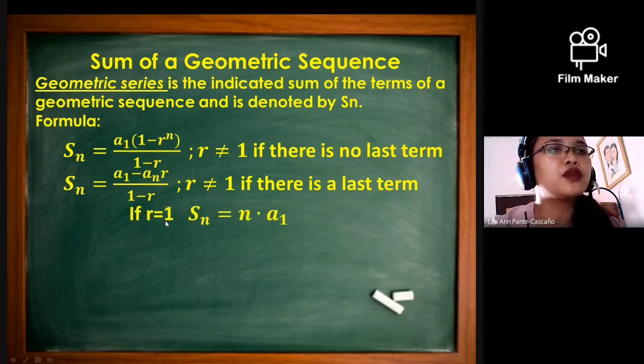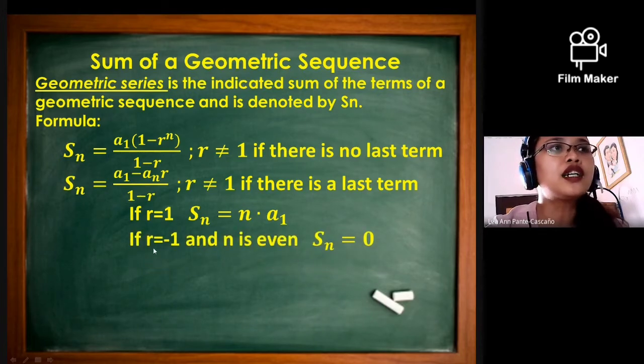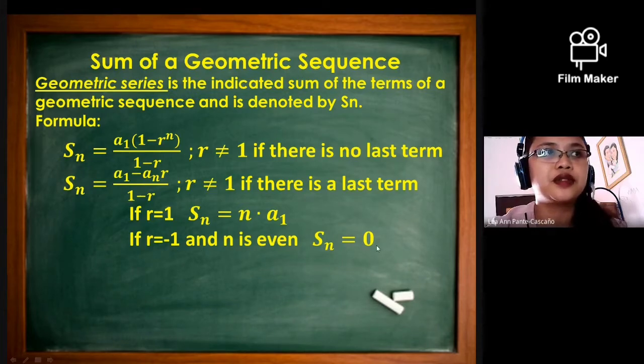If your r is equal to 1, then S sub n is equal to n times A sub 1. So you need to be careful and identify the common ratio later, so that we know which formula we will use. If r, or the common ratio, is negative 1 and the number of terms is even, then S sub n is equal to 0.